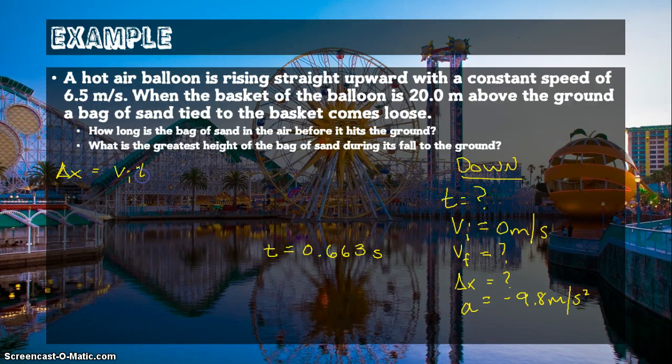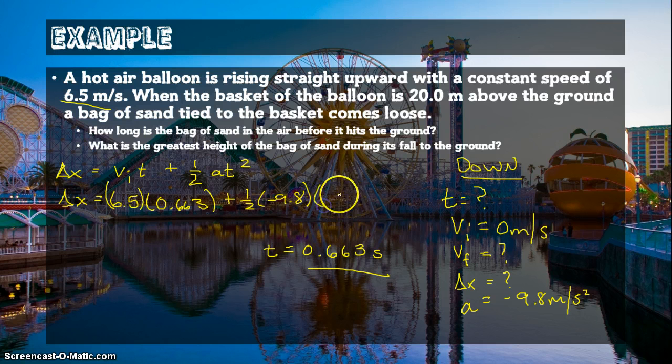So delta x equals Vi t plus 1/2 a t squared. Delta x is my initial velocity, which was, again, 6.5 meters per second, times t, which is 0.663, I got that from here, plus 1/2 times negative 9.8 times t again, squared.